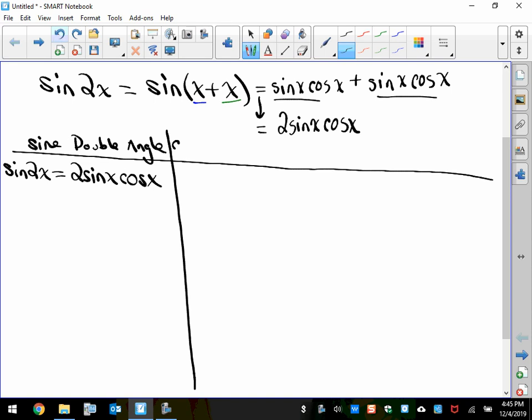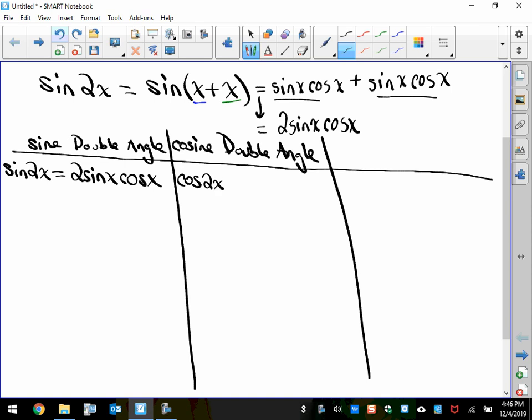Okay, the other one is the cosine double angle. And there are 3 variations of this identity. Here it is. So cosine 2x, that's going to be the first one. The most common way to represent this is cosine squared minus sine squared. So not plus. Remember, cosine squared plus sine squared would be 1.